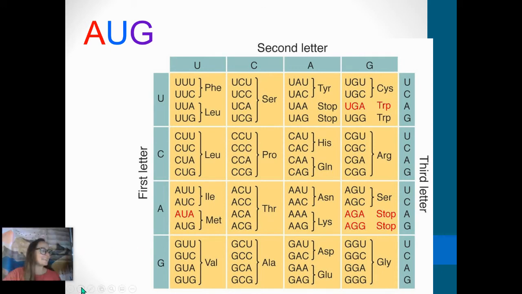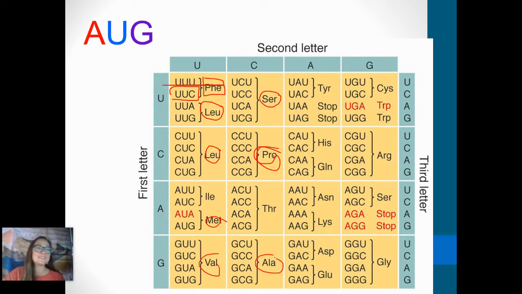So I'm going to write on this table for us. So here, if I find this codon, UUC, that is the group of 3 bases, and the amino acid it codes for is phenylalanine. So all of these 3-letter abbreviations here, these are your amino acids. So serine, proline, methionine, valine, alanine, etc.